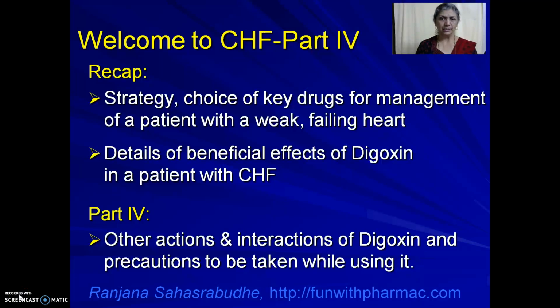Now let us go on to see the other actions and effects of digoxin, also the drug interactions which digoxin is capable of, and thereby understand what precautions we should take while using digoxin.